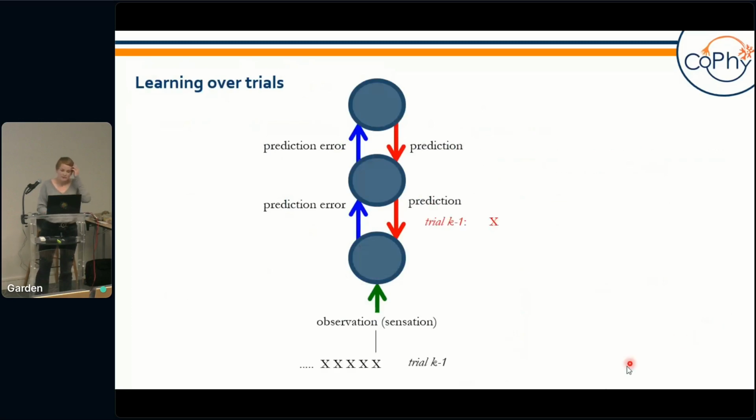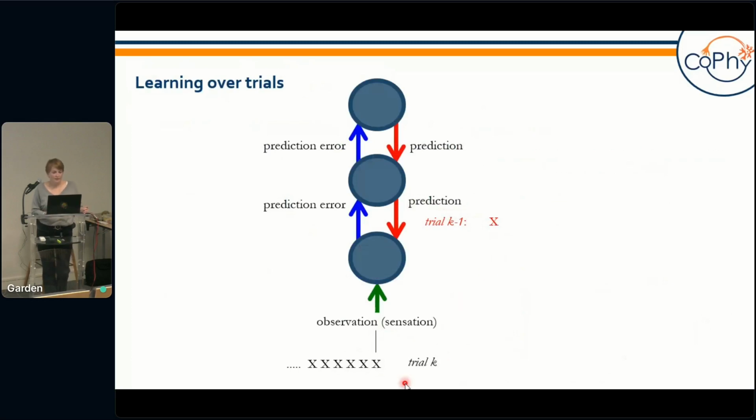Let's say the system has been exposed to a series of repeating observations like X. At trial K minus 1, this is the state the system is in. Because it's been exposed to X, the system predicts that future sensation will be an X.